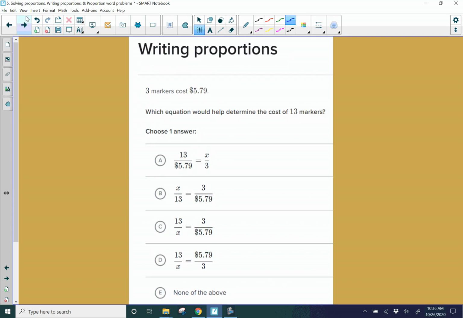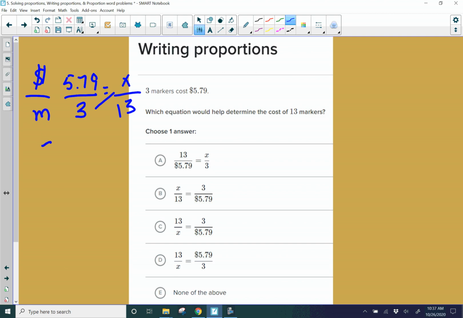Okay, next one, we're doing 3 markers cost $5.79. Which equation would help determine the cost of 13 markers? So we're dealing with dollars over markers. So I'm going to start with 5.79 for 3 equals how much for 13?